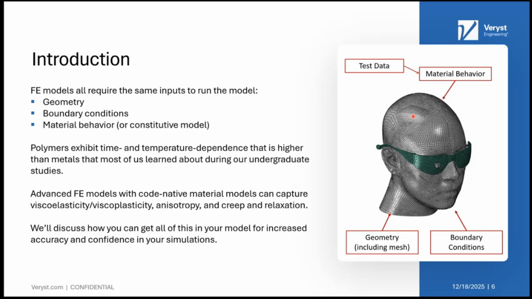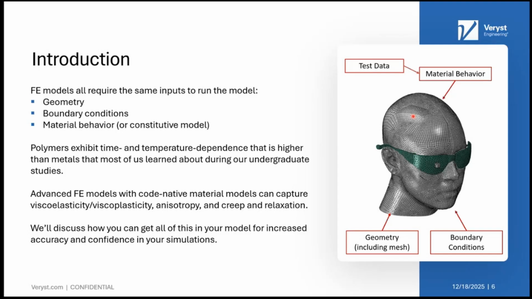And then we have what I think is the most interesting, which is the material behavior, a constitutive model. And for that, we need test data. That is the most difficult, and I find it the most interesting. That's why I spend my efforts at work working on that. It's interesting because for polymers in particular, there's time and temperature dependence that we really need to take into account, more than you'd see in metals at normal rates and normal temperatures. You're going to get a very different response there.